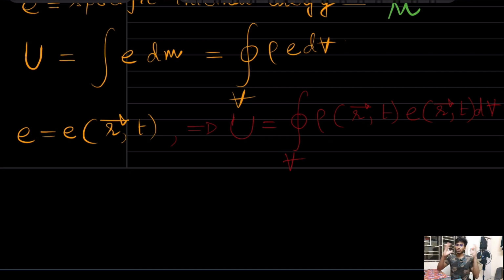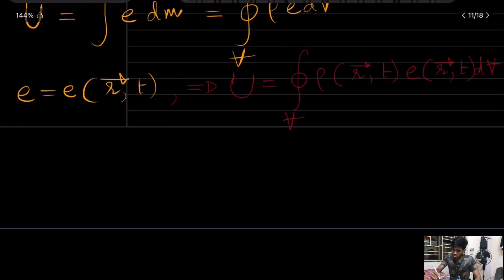Throughout the system the density can vary. So if this is the system, at each and every point there can be a particular local specific internal energy, local density, everything can change with the positions as well as with the time. So that is the concept.